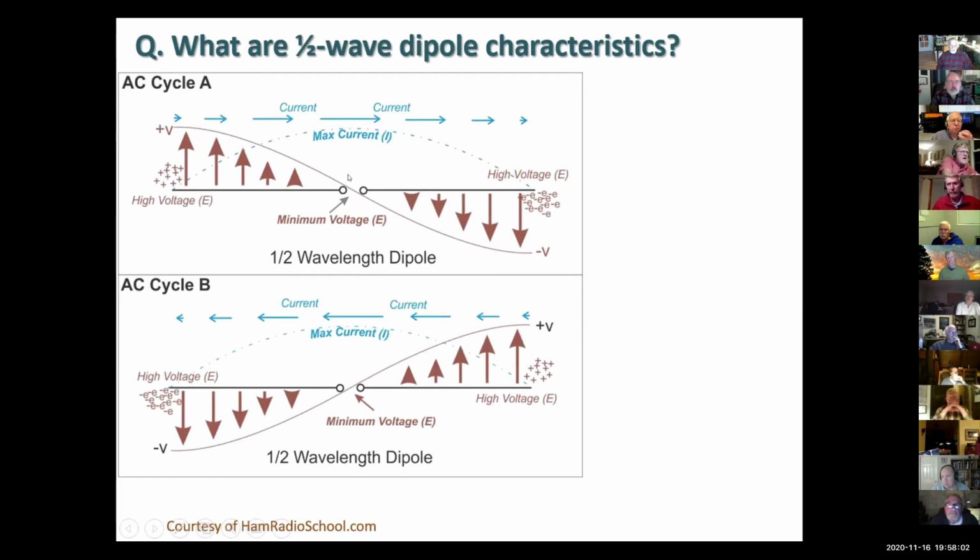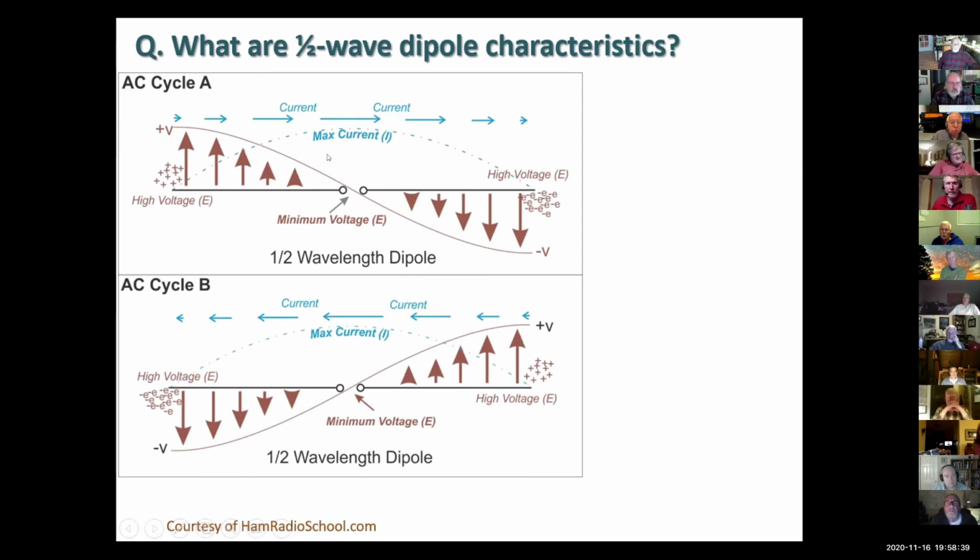I'm going to find myself being pushed from one end of the dipole to the other, and it turns out a half wavelength is just the right length to make that happen really well. And we have this phenomenon of resonance. It really likes to resonate and create an electromagnetic wave off of that antenna. It may not be a super accurate description from a physics point of view, but it's close enough for our purposes.